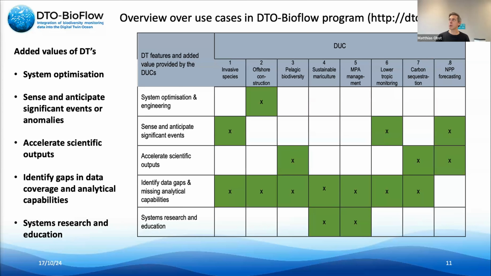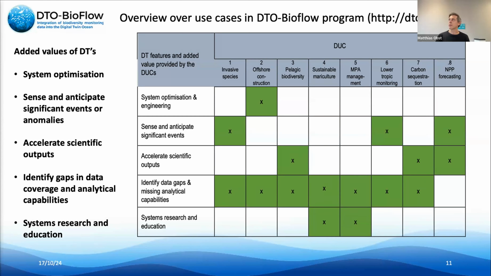One thing is the system optimization. So let's say you have an ecosystem and you can reshuffle the components in the ecosystem. That's an advantage because you have modeled it before. Also, another advantage is to be able to sense and anticipate important events before they happen, or as close to it as before they happen. And that's a completely different advantage of a digital twin.